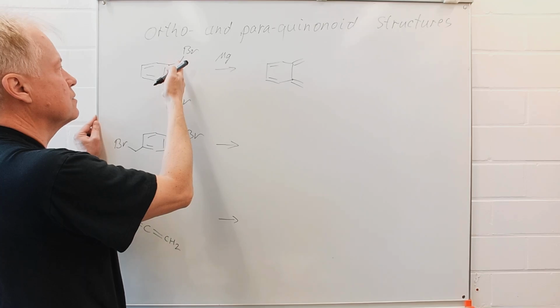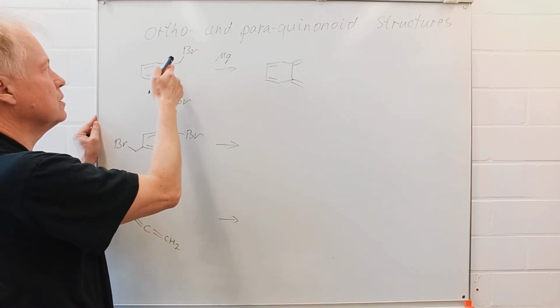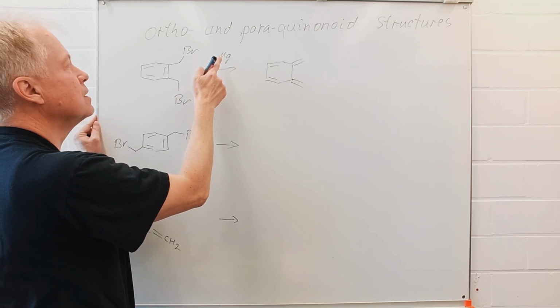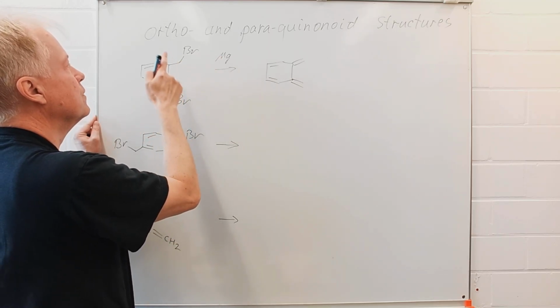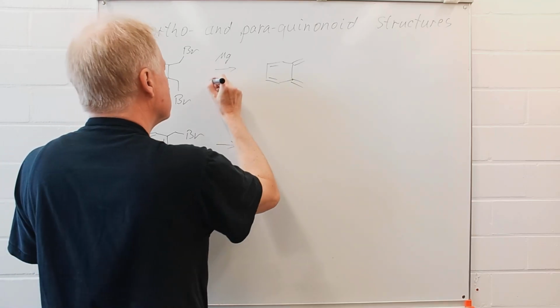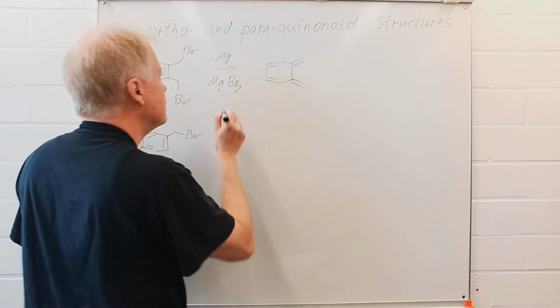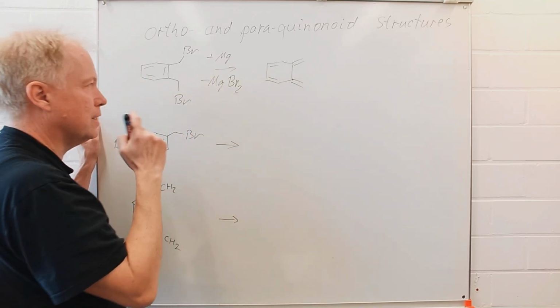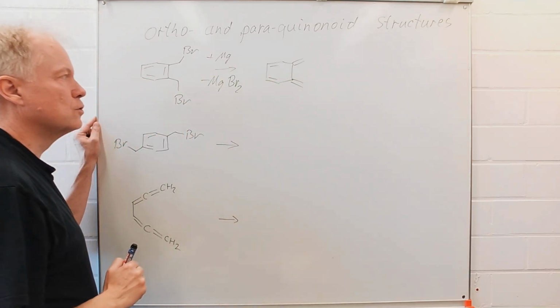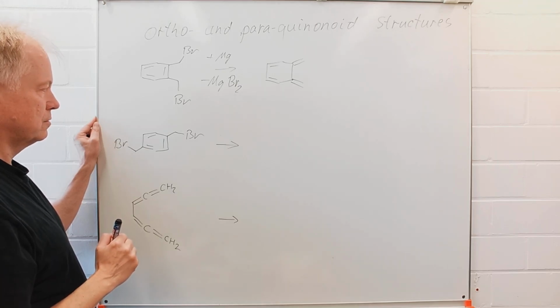As soon as we have a Grignard structure here with a magnesium, so a benzyl magnesium bromide, then magnesium dibromide will eliminate, giving rise to this non-aromatic structure.